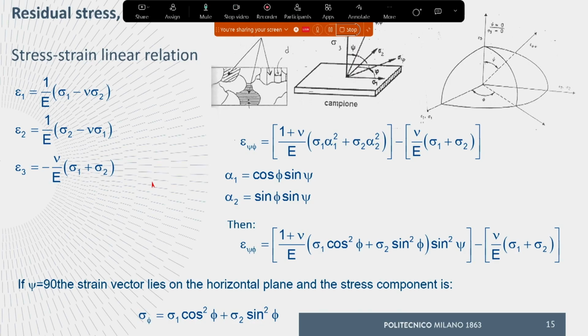Okay? If we consider phi equal 90 degrees, it means that the strain vector lies in the horizontal plane, in this direction. And so we can write that the stress component is equal to sigma 1 cos squared phi plus sigma 2 sin squared phi.